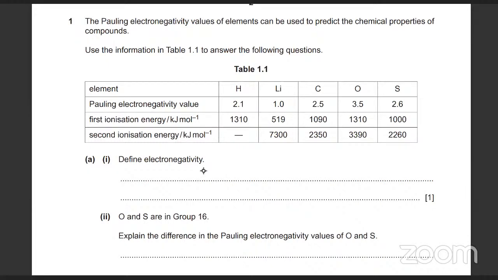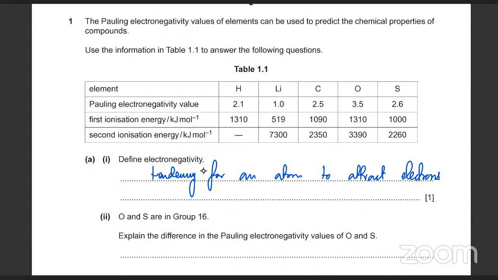It's the tendency for an atom to gain electrons, to attract a shared pair of electrons, or simply to attract electrons. Okay, that's what electronegativity is.